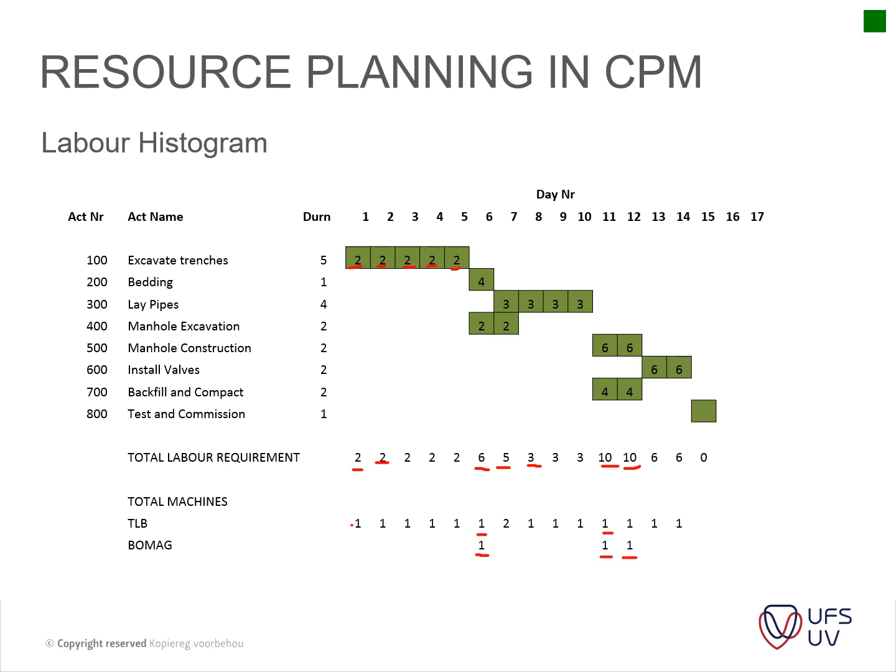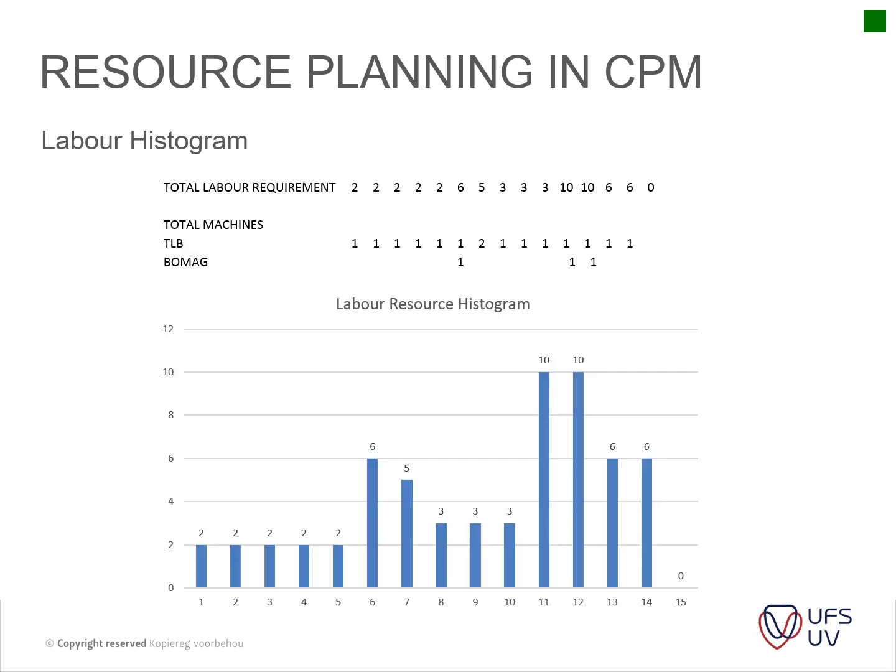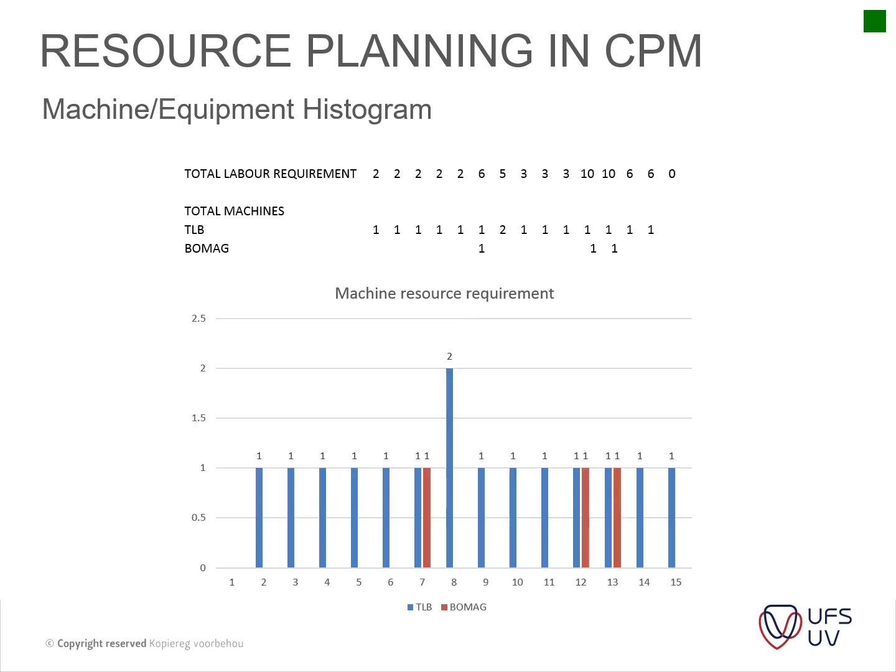So manual excavations, you've got some compaction that's needed, or your bedding which needs to be compacted. Okay, so you can see the labor histogram is drawn out, same as the previous one, and then you can see your machinery, which is drawn out here.